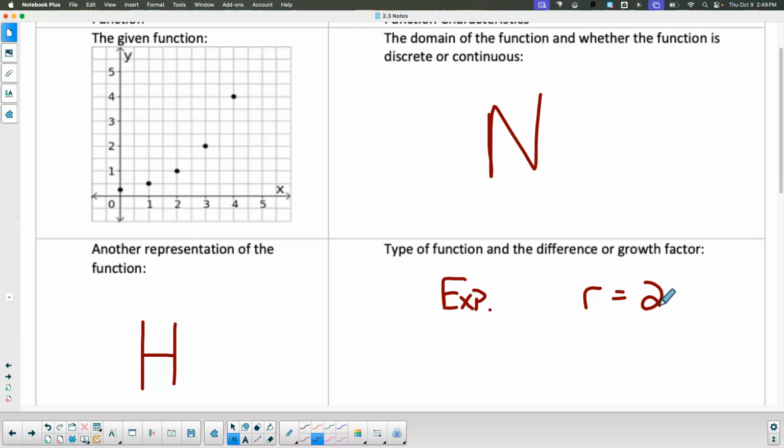Multiplying by 2 every time. Arithmetics are straight lines. Exponentials have a curve to them. Geometric is exponential. Yep.